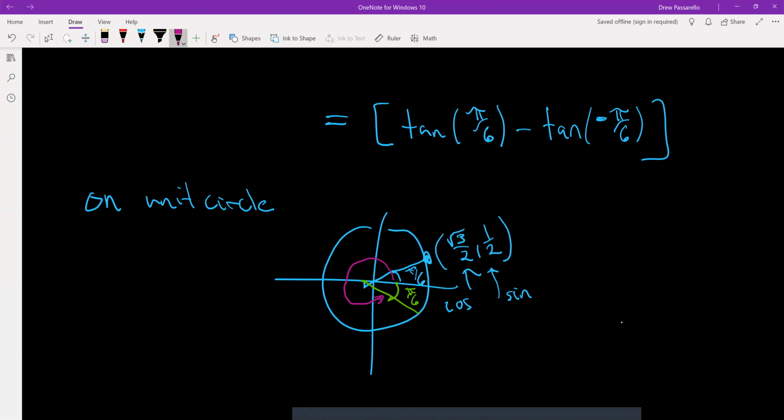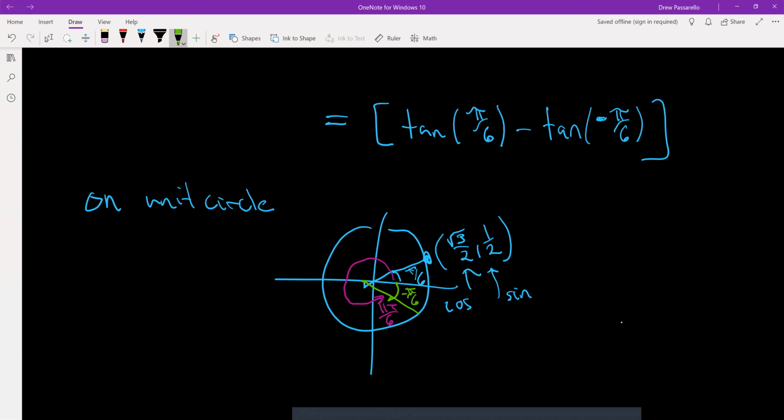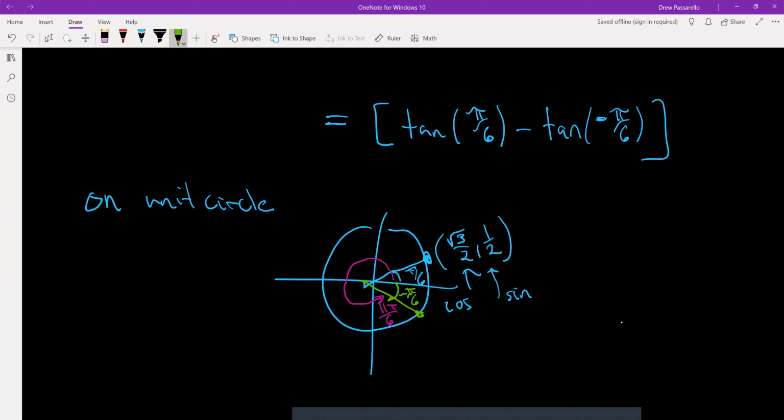So 11 pi over 6 is the same as negative pi over 6. And at that point, it's going to be square root of 3 over 2 comma negative 1/2. Since we're in the fourth quadrant, the y-coordinate is negative.